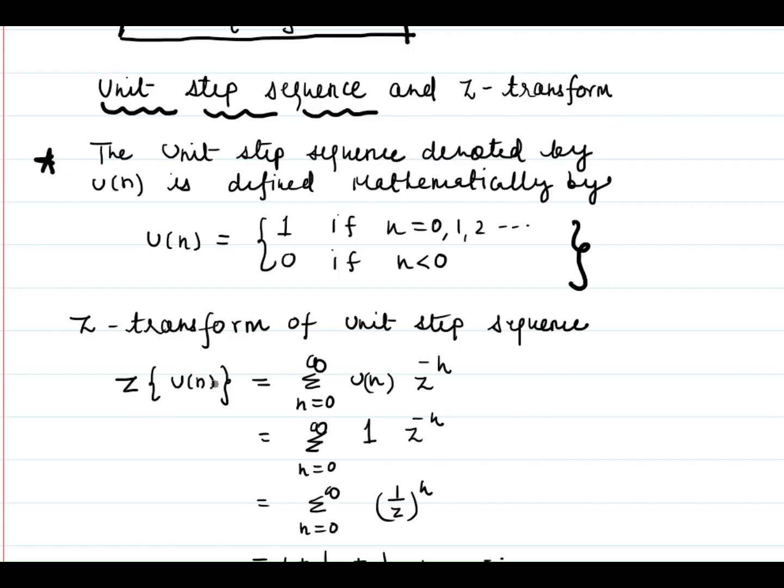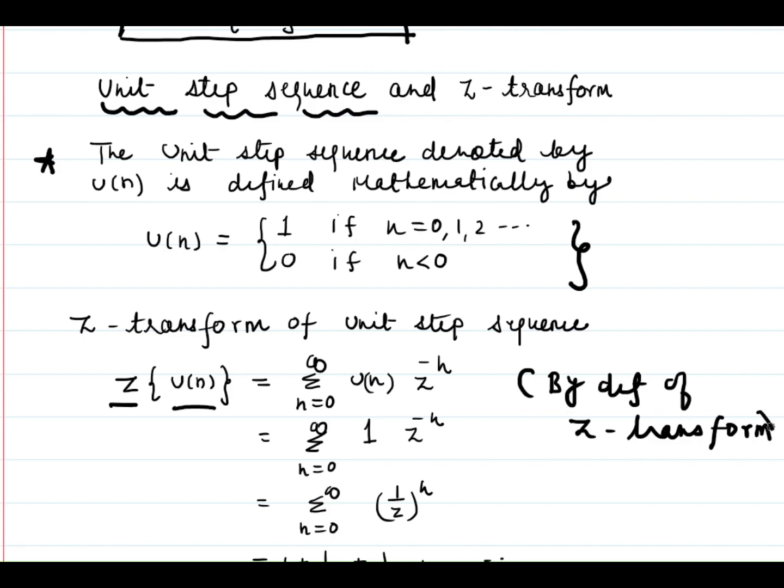We write the definition of the Z transform: the function multiplied by z to the power minus n.